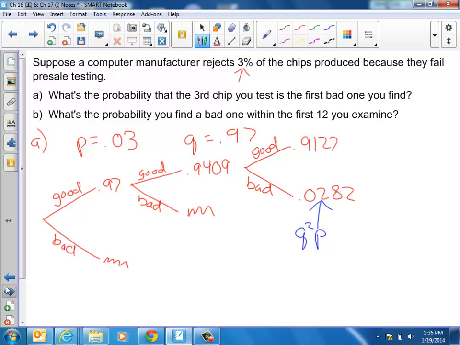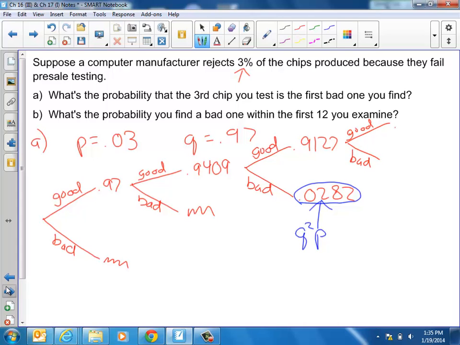That looks good. To get us to the event that we cared about, that the third chip you test is the first bad one you find. If we had extended this and we were instead asked, what's the probability that the fourth chip you test is the first bad one you find? Okay, let's draw one final series of limbs here for good and for bad.